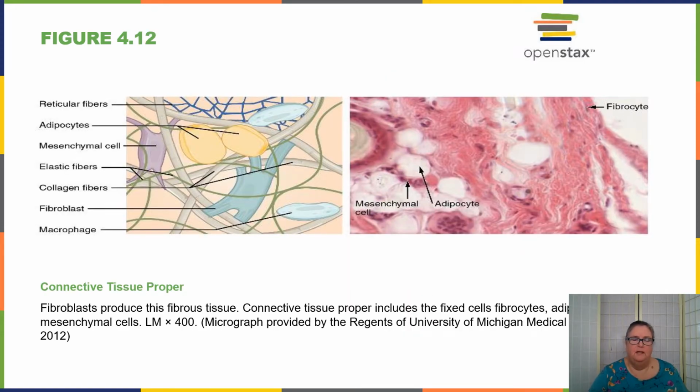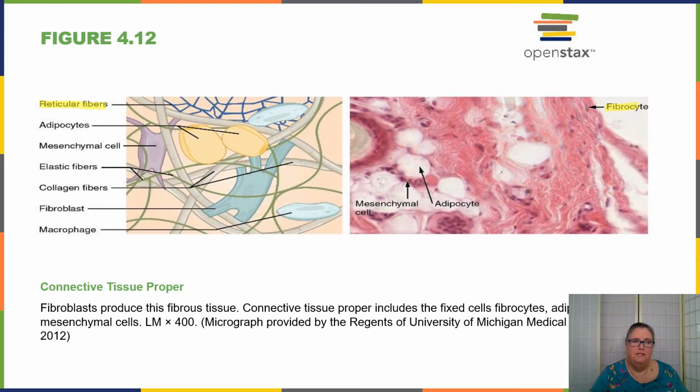The connective tissue is defined as tissue that has living cells embedded in a non-cellular matrix. So here we see an example of fibrous connective tissue, and we've got a fibrocyte. And in this case, we've got several different kinds of cells. We've got reticular fibers. That means they form a net, right?